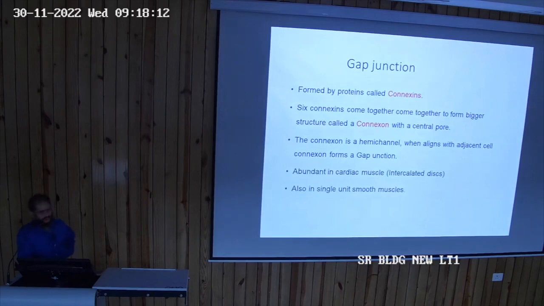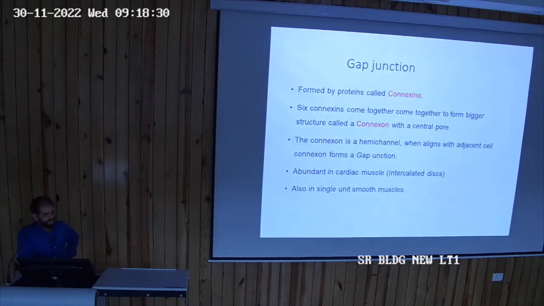So the associated protein is connexin. And you all must be knowing that gap junctions कहाँ पे मिलते हैं हमारे? हार्ट मसल्स में मिलते हैं ना, कार्डियक मसल्स में, and also in smooth muscles. स्मूथ मसल्स में आप पढ़ोगे GITs में, वहाँ पे सिंगल यूनिट होते हैं, मल्टी यूनिट होते हैं.